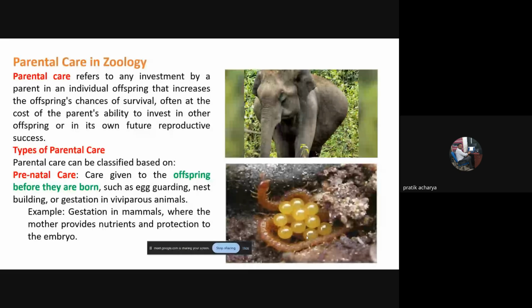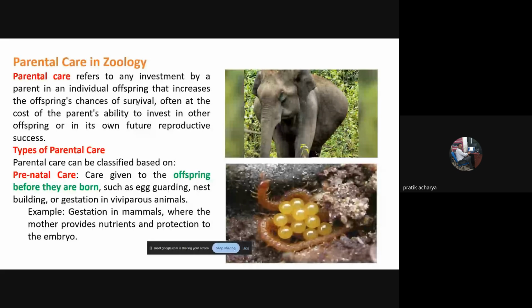Parental care means investment by a parent in an individual offspring that increases the offspring's chance of survival. When a parent takes care, the parent wants the baby to survive after parturition. That is parental care.